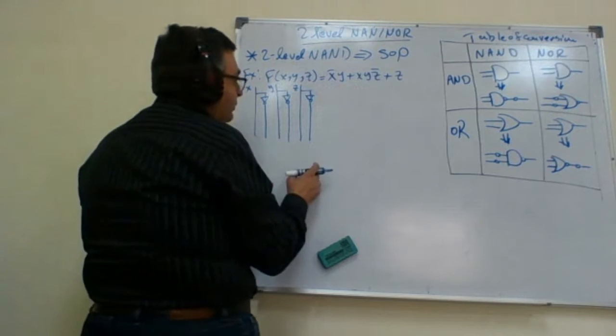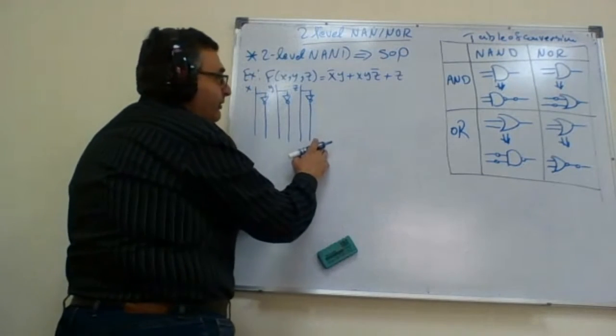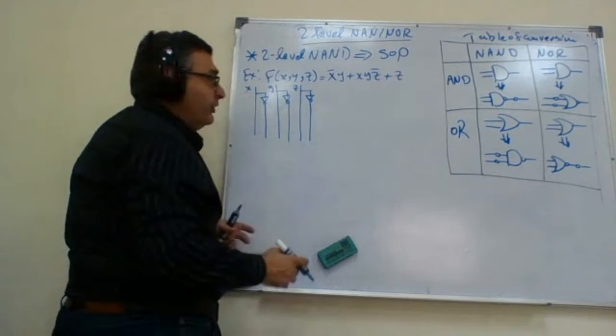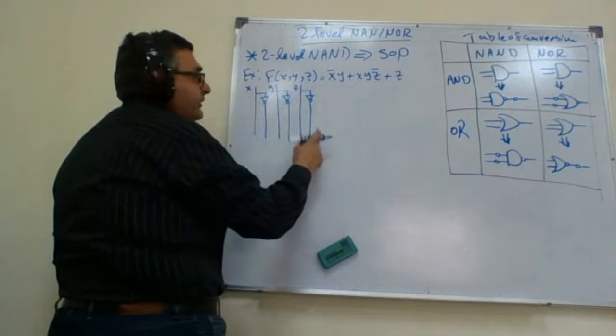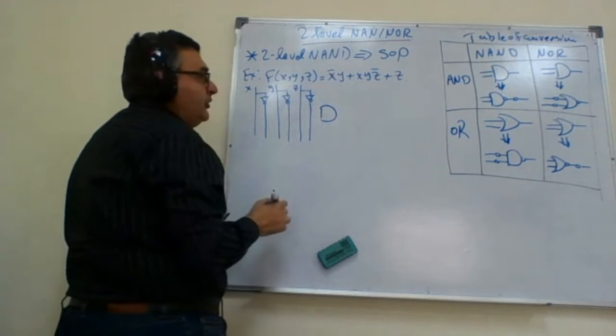So in a standard way, I have two levels, one level for the AND and one for the OR. That means here I need an AND gate for the first term.